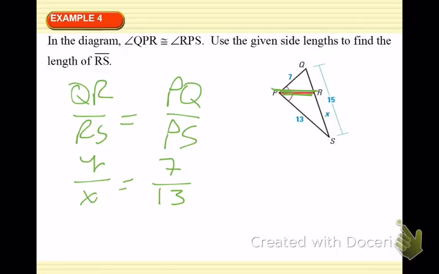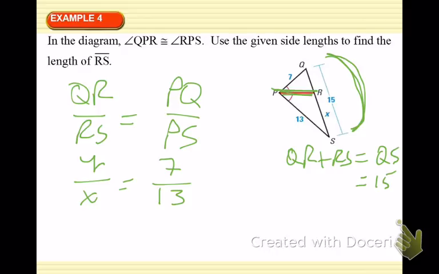Is there another way we can write QR? Well, this says that the whole length of the side QS is 15. If RS is X, how would you find QR? Well, right, by segment addition property, QR plus RS would have to be equal to QS, right? We'll plug this in.